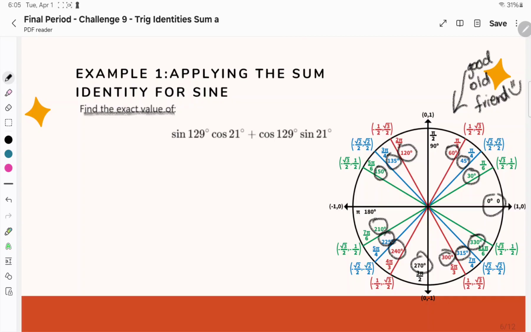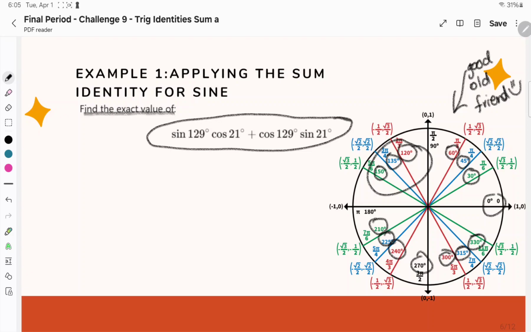We're gonna use it again. Surprise. Okay. So these are not special angles. So what I'm gonna do is change this. I'm gonna transform it to get one of these angles.